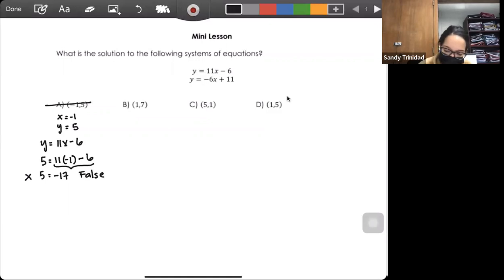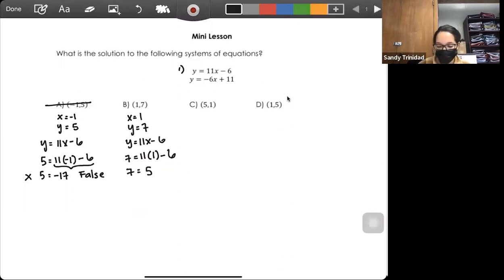So now we're going to check the second point. For the second point, I have x is equal to 1 and y is equal to 7. So again, I'm going to check the first equation that I have here. I have y equals 11x minus 6. So I have 7 equals 11 times 1 minus 6. 11 minus 6 is actually going to give me 5.